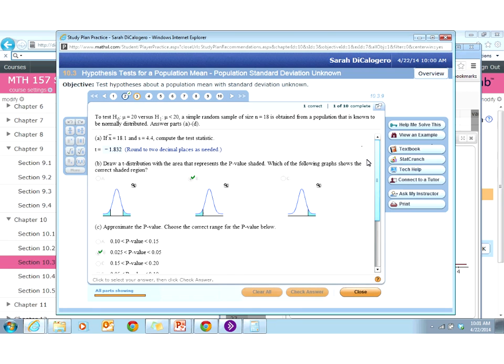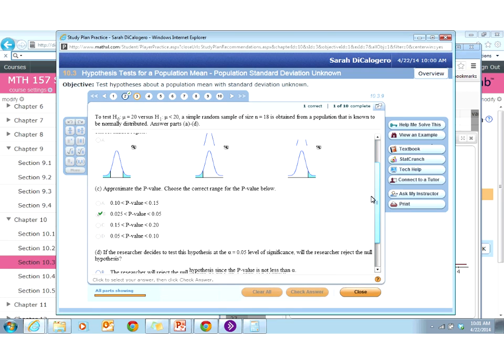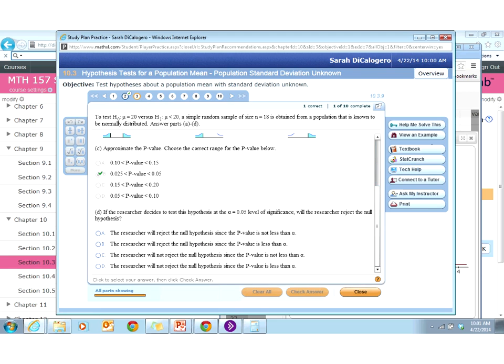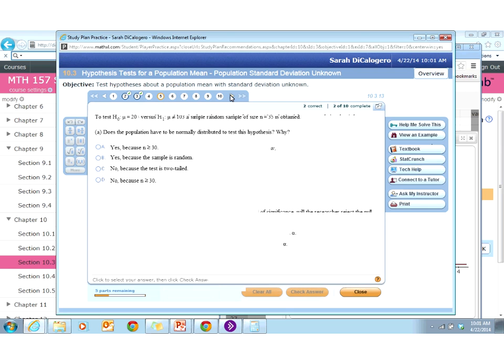I don't see anywhere on here where it gives us, oh, I can't even read. If it's at the 0.05 level of significance, well, let's go back. Our p-value was 0.0423, and if your p-value is less than your level of significance, you will reject the null. There we go. So that's a p-value approach.